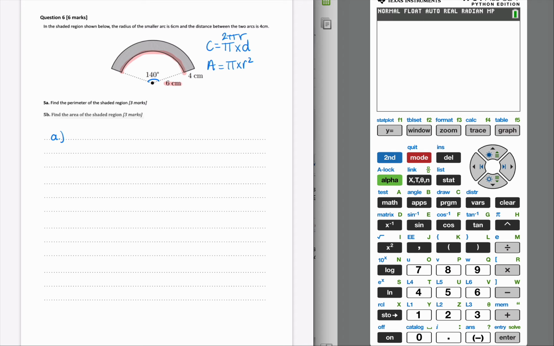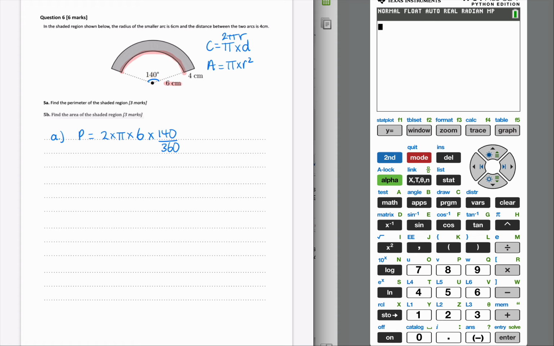So for the arc length, it's 2 times pi times 6, so 2 pi r, and we need to multiply that by 140 over 360, which is the proportion of the circle we want. So it's this degree that we want here.